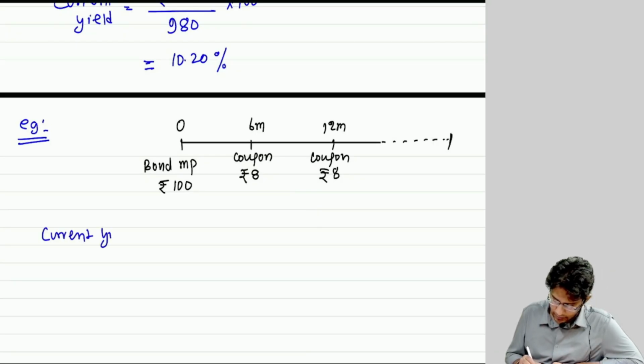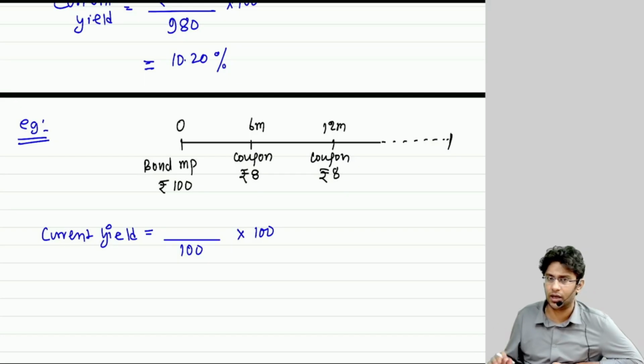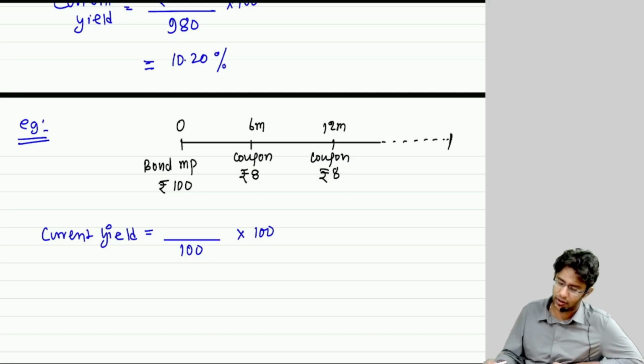Current yield is equal to, denominator is fine, market price 100. Percentage I want, so answer is again multiply with 100. Numerator, what should I take? 8 plus 8, or 8 plus present value of 8, or present value of two 8s? First and foremost, forget about discounting.